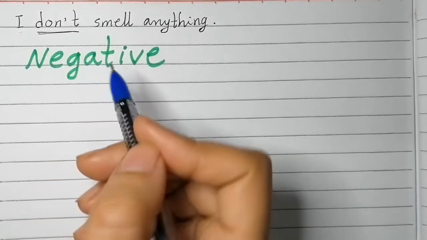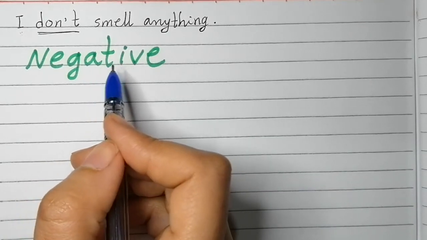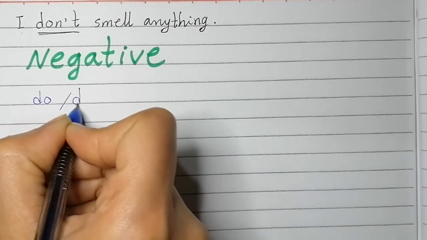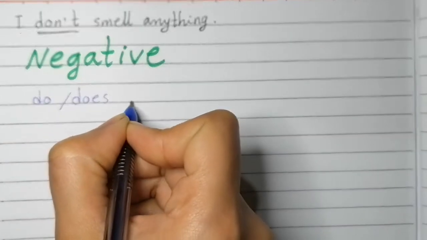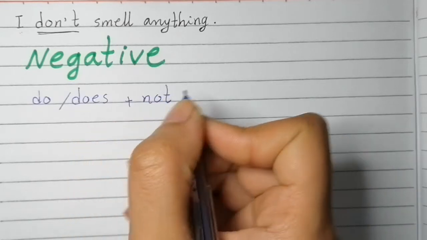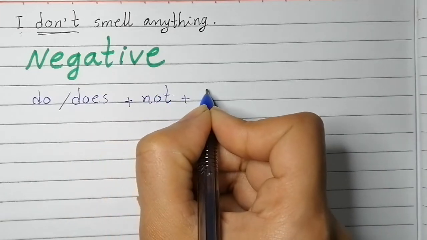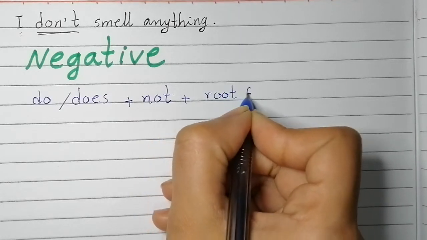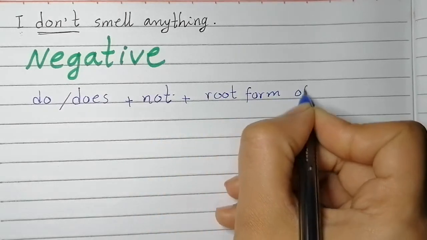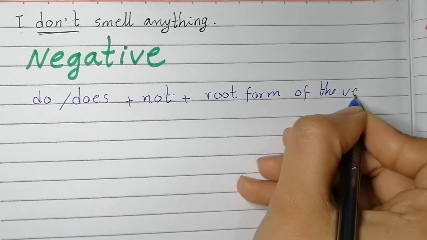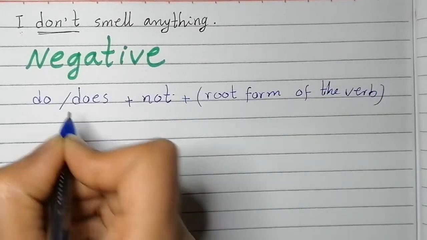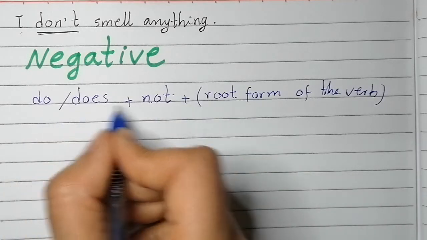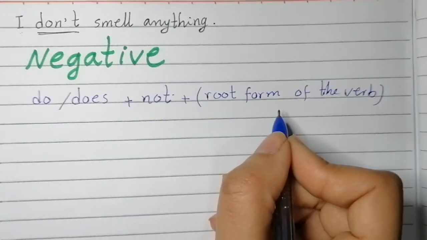The formula for making a simple present verb negative is do or does plus not plus the root form of the verb. Okay, so do not live, does not live, the root form of the verb.